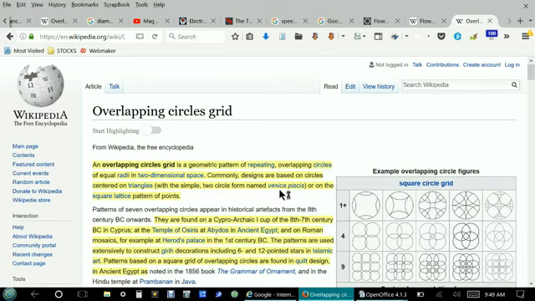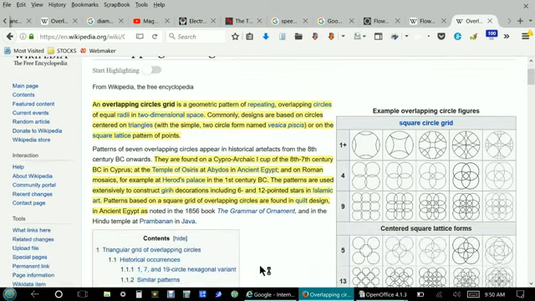The Vesica Pisces is that deep space within everything. They are found, these overlapping circles, in a cup of the 8th and 7th century BC in Cyprus, the Temple of Osiris in Abydos, Egypt, on Roman mosaics, for example, Herod's palace of the 1st century, etc.